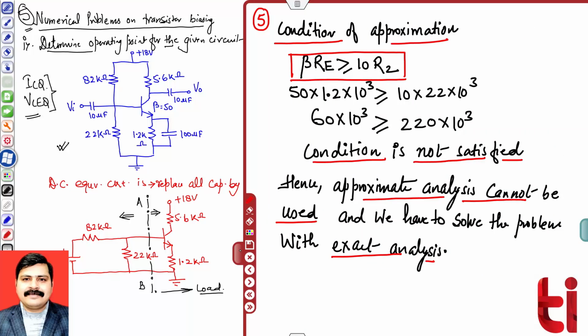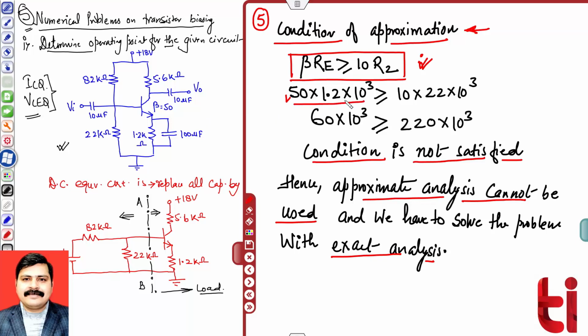First we must know the condition of approximation. Here, beta times RE should be greater than or equal to 10 times R2. This is my condition of approximation. First we have to check whether this condition is satisfied or not. The value of beta is 50 and the value of RE is 1.2 kilo ohm.